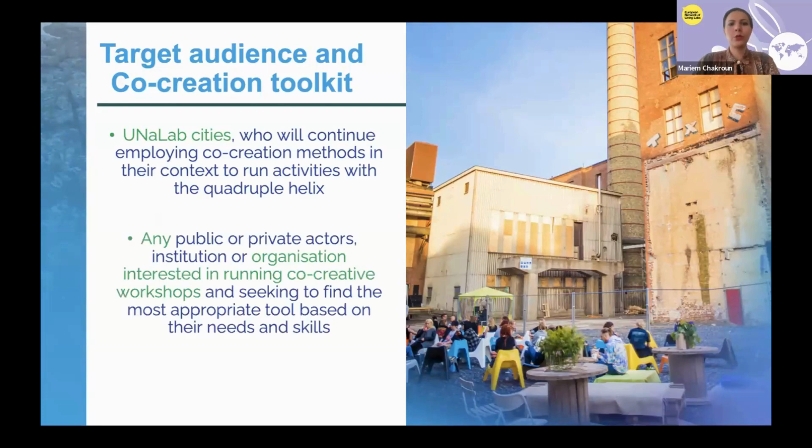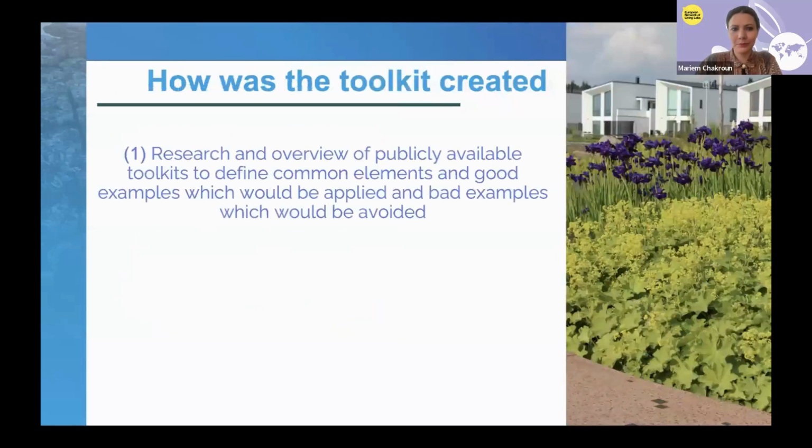But we also wanted to create this toolkit and make it open and accessible to any public or private actors, institutions, or organizations that can be interested in running co-creative workshops and seeking to find the most appropriate tool based on their needs and skills.